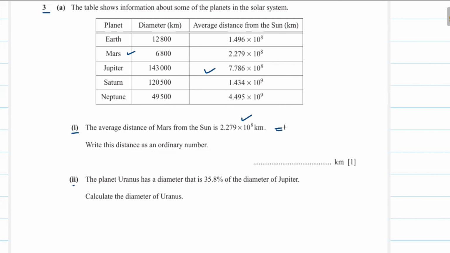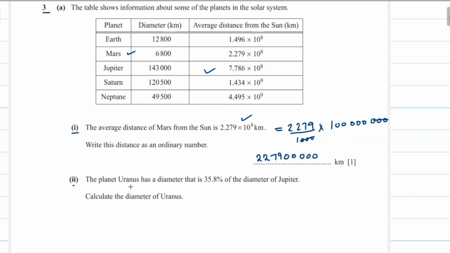Therefore, we can write its decimal value 2.279 as 2279 over 1000. We multiply by 10 power 8, which means 100 million. Divide this value 100 million by 1000. Therefore, this value will be cancelled, and we get 2279 100,000. And this is the answer.